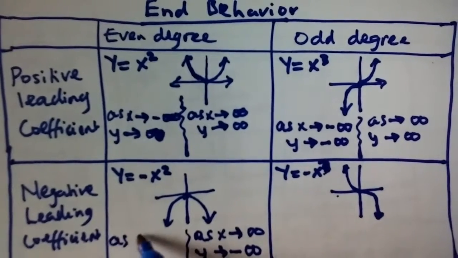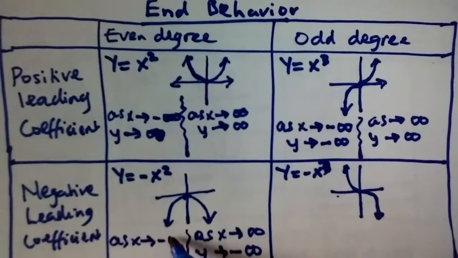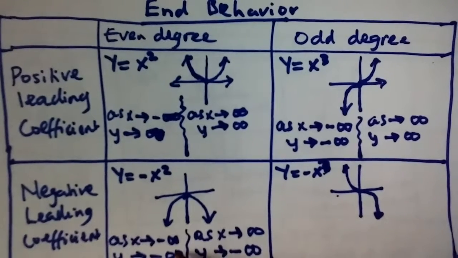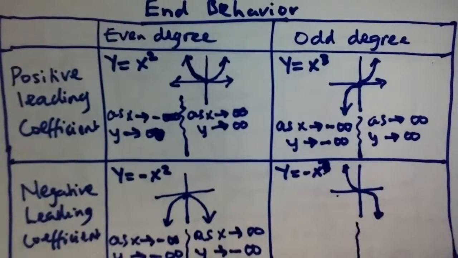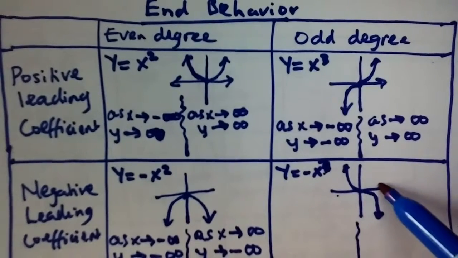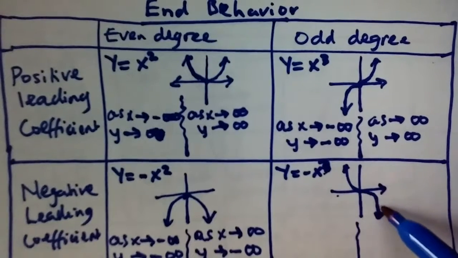Okay, so you can see it's pointing down, going towards negative infinity. All right, the right side of this: as x approaches infinity, you can see that y is going down to negative infinity.